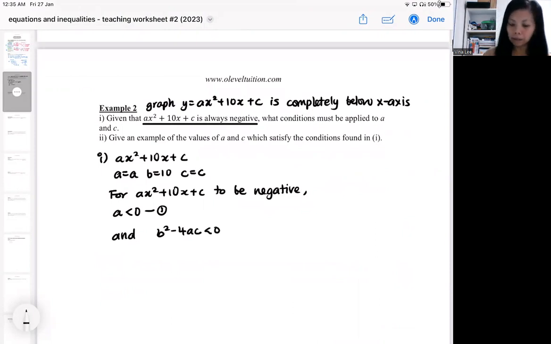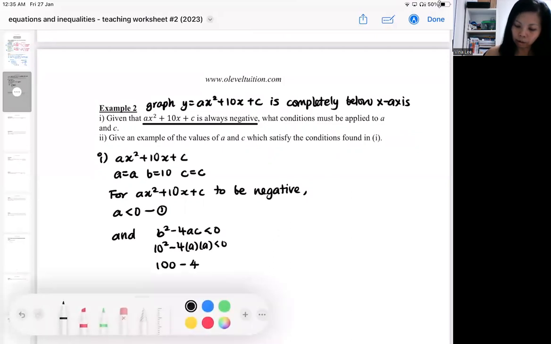So put in your ABC. So in such a case, I wrote something wrongly. This should be a C.